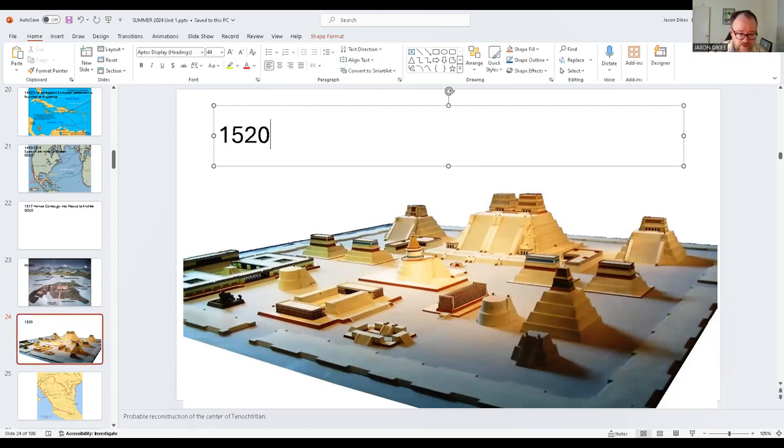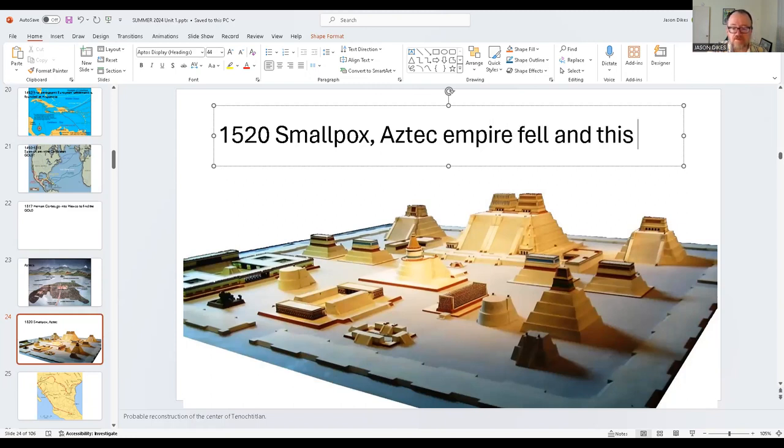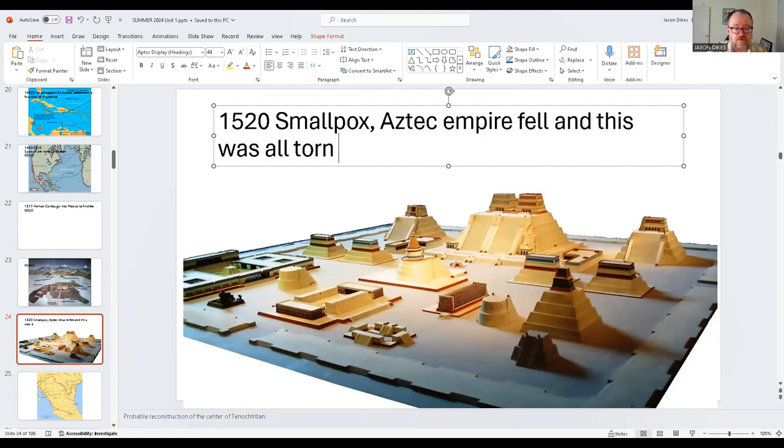In 1520, thanks to smallpox, the Aztec Empire fell, and this was all torn down because it was all pagan idolatry. So it was all torn down.